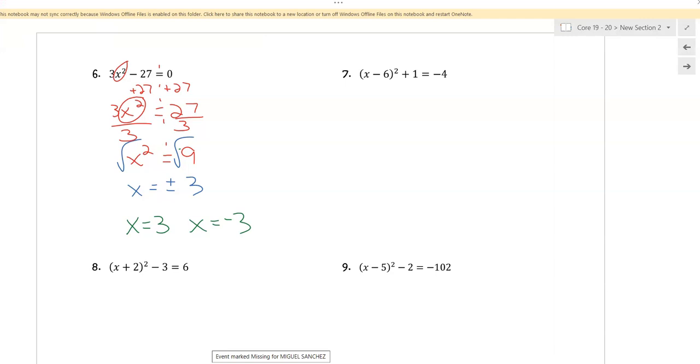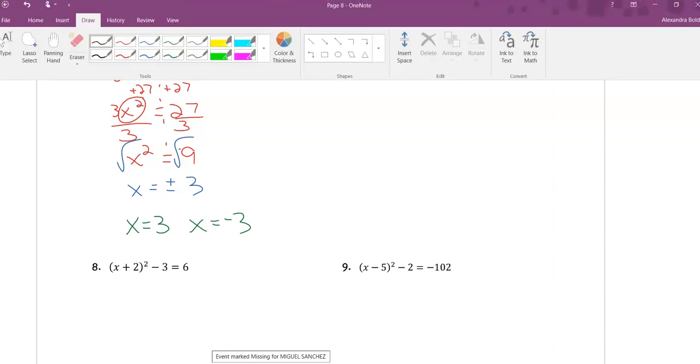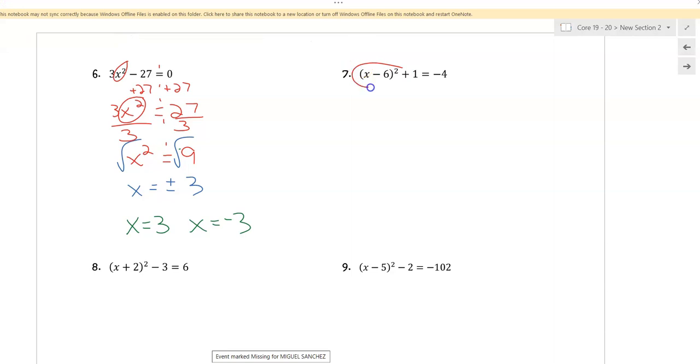Looking at number 7, x minus 6 squared, this is what's being squared. I'm going to subtract 1. So I get x minus 6 squared equals negative 5. From here, I take my square root, because all of that is in parentheses being squared.